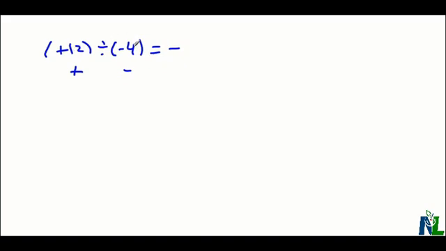I have 12 divided by 4, so my answer is going to be 3. So positive 12 divided by negative 4 is a negative 3. That's all you need to do here to divide these integers: determine the sign and then just divide your two numbers as if they were just whole numbers, right?